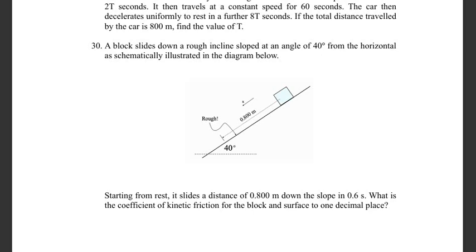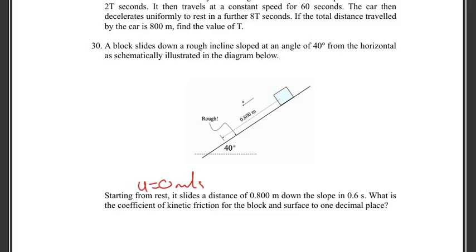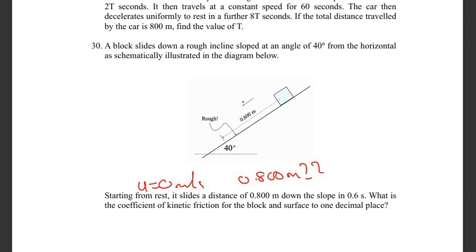Question number 30: a block slides down a rough incline sloped at 40 degrees from the horizontal, as schematically illustrated in the diagram below. Starting from rest, meaning initial velocity is 0, it slides a distance of 0.800 meters.